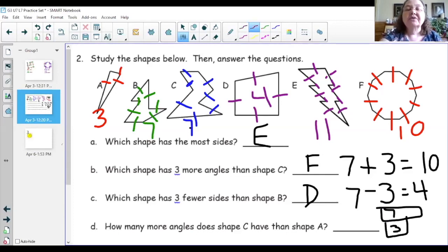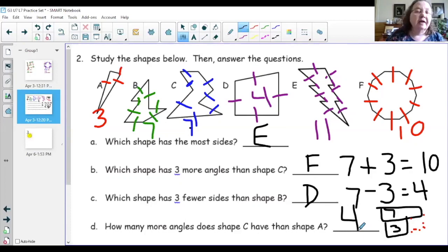So I want to know how many more are right here. And so how many more did you say? It should have been 4. Because 7 minus 4 is 3, or 3 plus 4 more is 7.